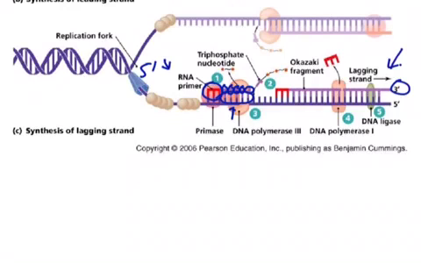But these fragments are only added short bits at a time. And you'll see that another RNA primer is added here, and then further DNA is added, and then this happens all the way down.